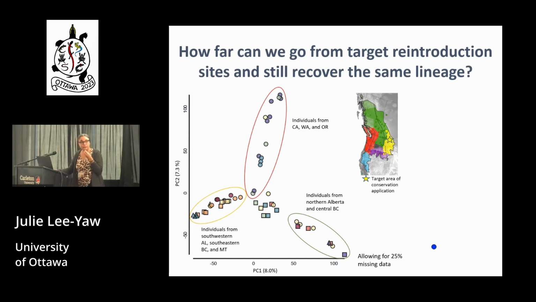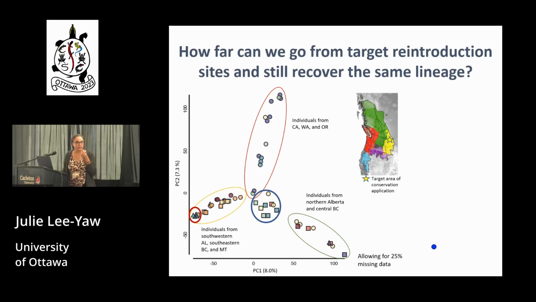The groups circled in green are populations from northern Alberta, including Jasper, Banff, and into BC for the other Rocky Mountain National Parks. And the group in yellow is individuals from southwestern Alberta, southeastern BC, and south into Montana, and that includes our populations from Waterton Lakes National Park.